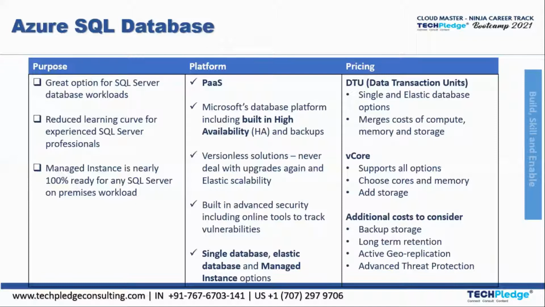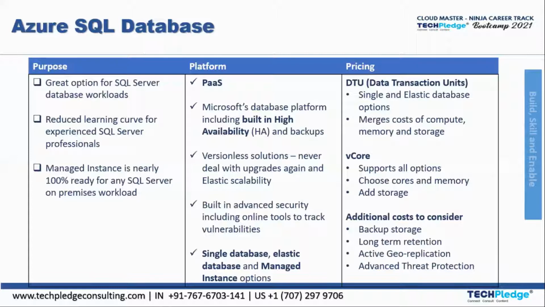Other than that, there is an option that says vCore. vCore basically is virtual core. We can decide our database's virtual core depending upon the need and the requirement that I have with my organization.